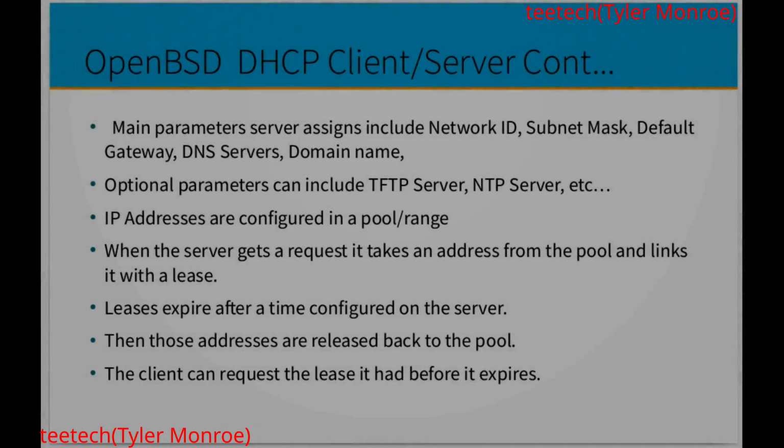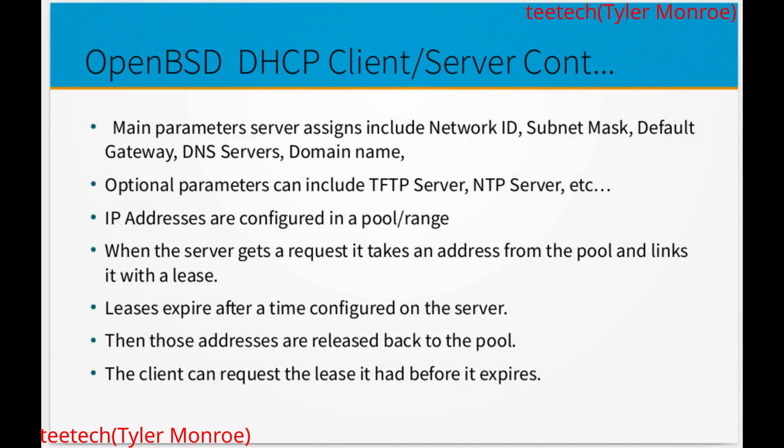So the main parameters DHCP assigns are the network ID, the subnet mask, the default gateway, DNS servers, and a domain name. Now there are also optional parameters, and they can include a TFTP server, an NTP server for your time protocol, and many other things.